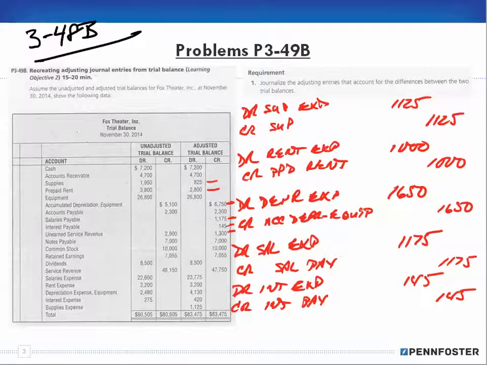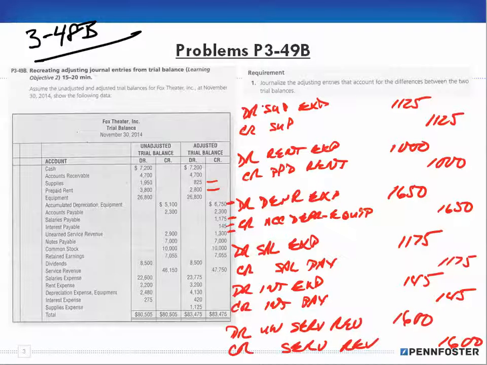So we have to capture that revenue. Since I have 2,900 as a credit, and I want to reduce that amount, I have to debit the unearned service revenue for 1,600, and I have to credit, since I'm performing the service, service revenue for the 1,600.